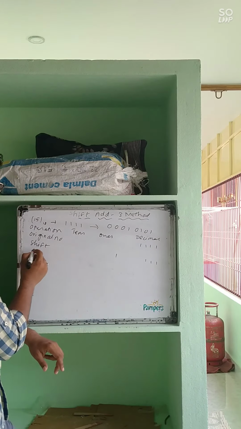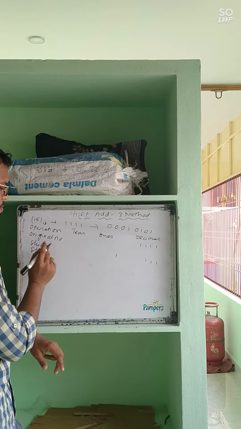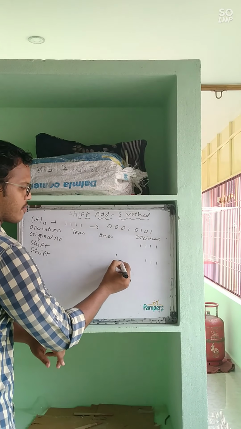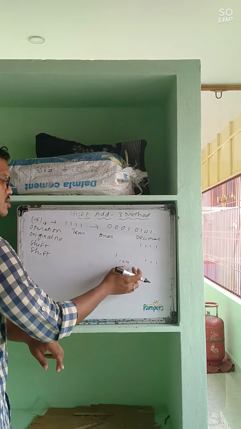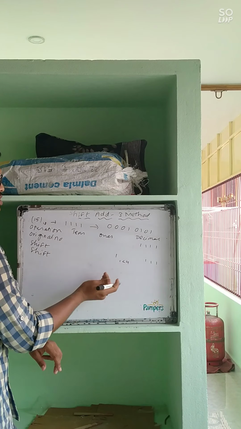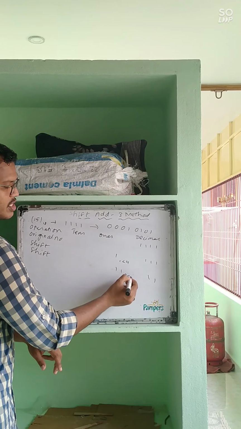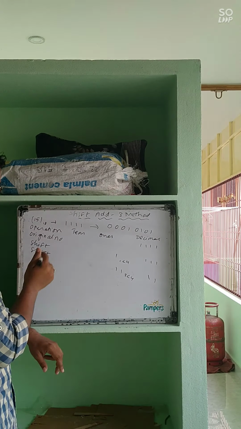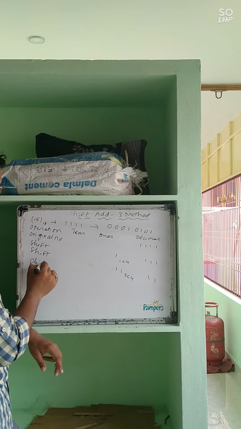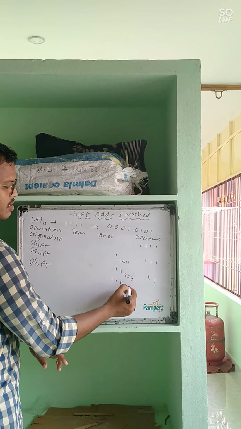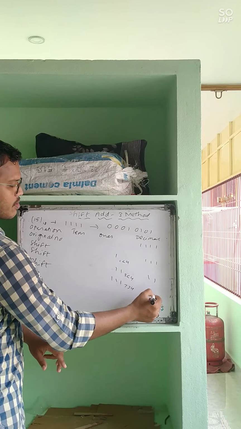We got 3, which is less than 4. Again we do the shift operation, and then we get 7, which is greater than 4.